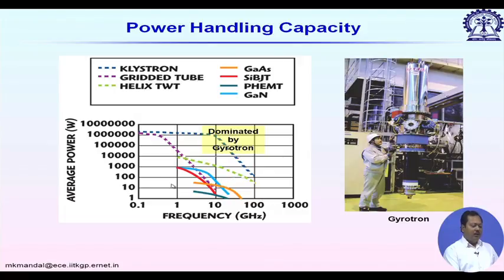And if you look at this plot, gallium nitride usually provides high power, and gallium arsenide based devices are used at much higher frequencies. The top curve belongs to the gyrotron, but the problem with the gyrotron is its size and cost. For example, one gyrotron is shown here, and it occupies almost one building. You can compare the size with a human being.